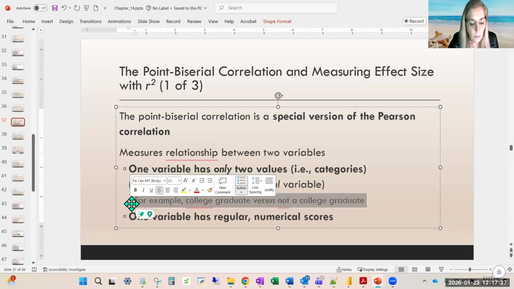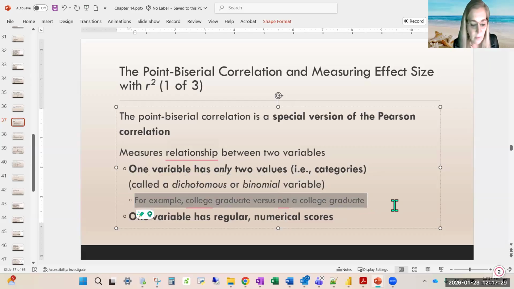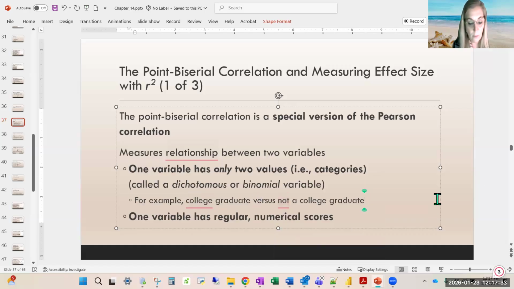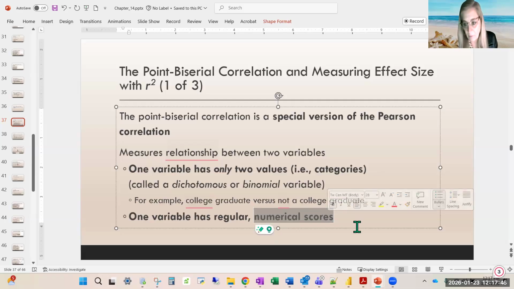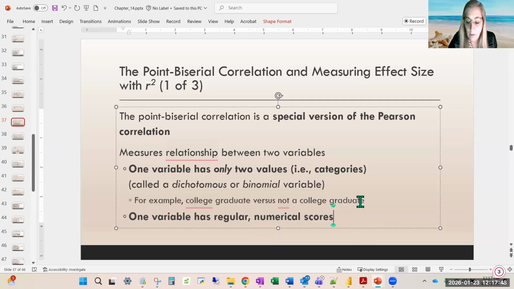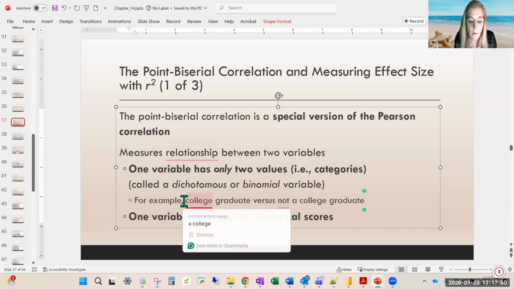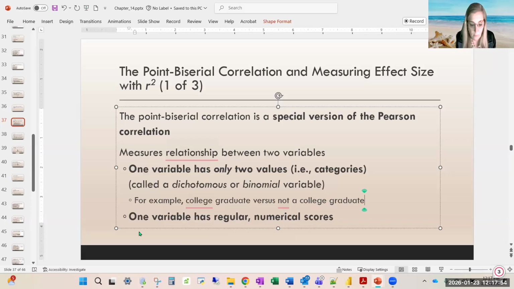So for example, maybe you have a sample that has college graduates versus non-college graduates. So one variable is categorical, and the other variable will have numerical scores. So maybe height, or maybe you're testing their test scores, like SAT scores for college graduates versus non-college graduates.